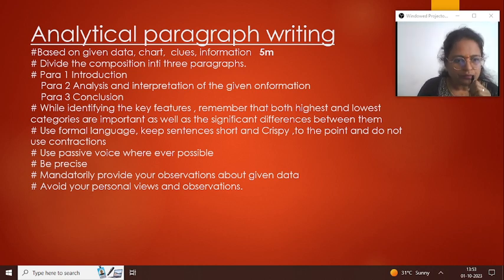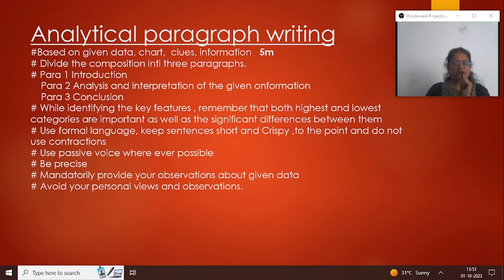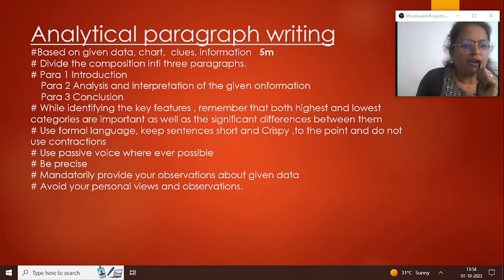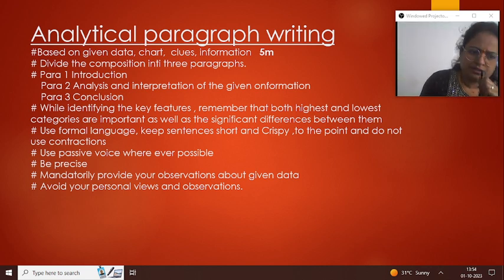Clear? Then use formal language. Keep sentences short and crisp. How to keep the sentences crisp? Use slogans, proverbs, that type of sentences, to make your analytical paragraph more attractive. Be to the point, and do not use contractions or short forms.